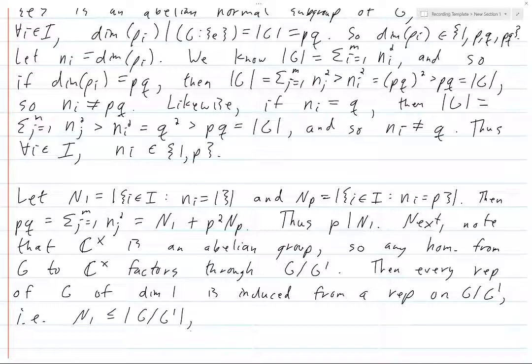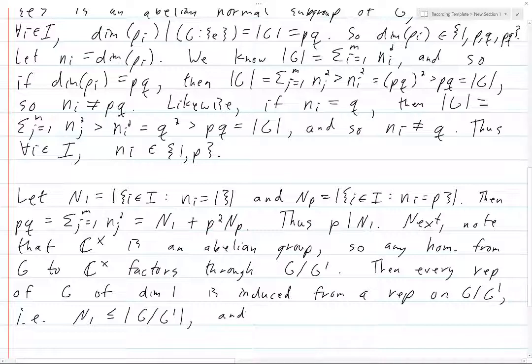So that's going to give you a rep on G mod G prime, and so there's going to be a corresponding element of G mod G prime. There could be elements of G mod G prime which don't arise in this manner, and so all you conclude from this is that n1 is less than or equal to the order of G mod G prime. So that's that.